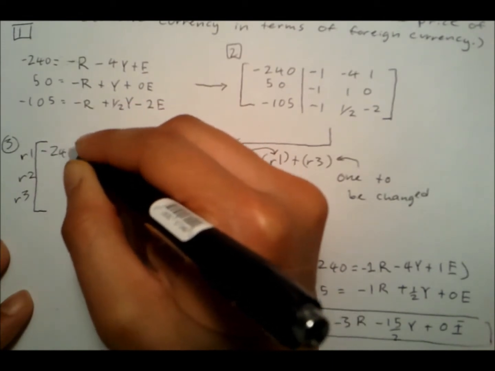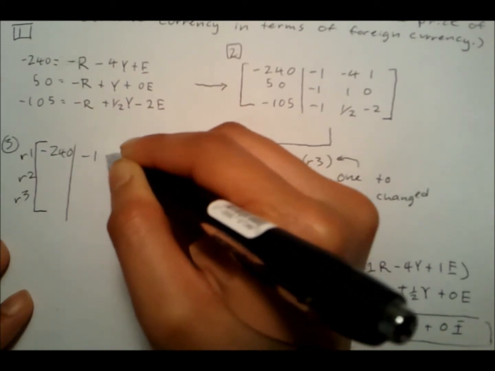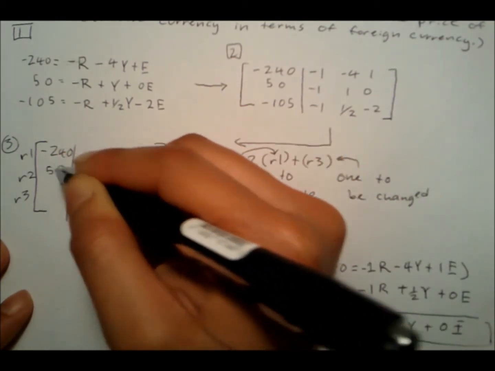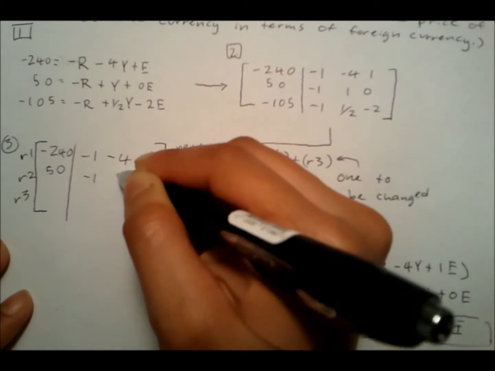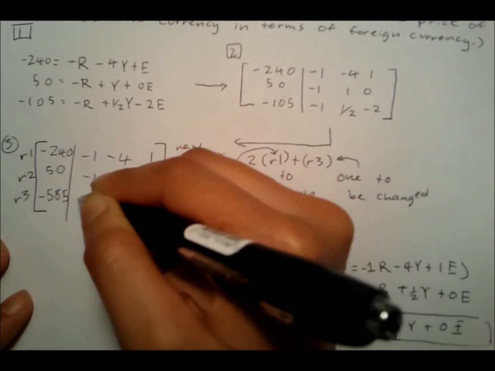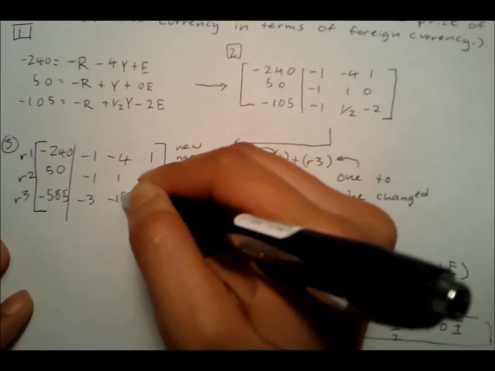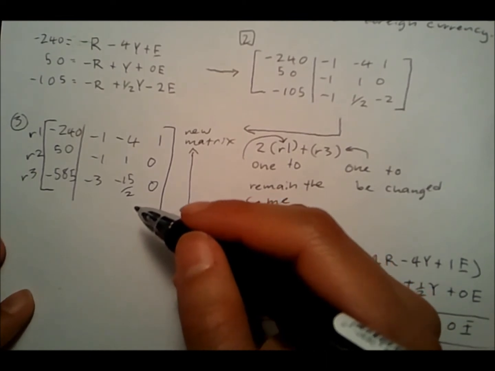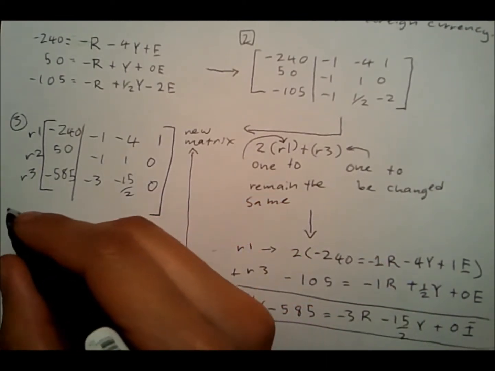Our next step is going to involve row 2 and row 3. And I'm going to try to see if I can get rid of that 15 halves there so we can find out what r equals. Because as you can see, if we do get rid of that 15 halves up there in row 3, we can essentially find out what r is.